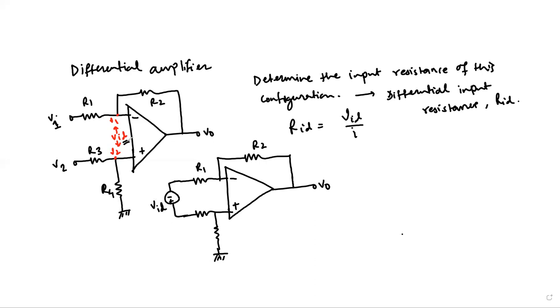That's the voltage that appears across the two terminals of the operational amplifier, which has a gain indicated by A. For simplification, we say that resistor R3 is equal to R1 and resistor R4 is equal to R2.